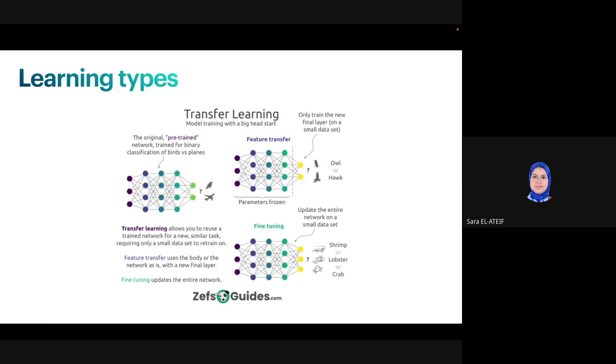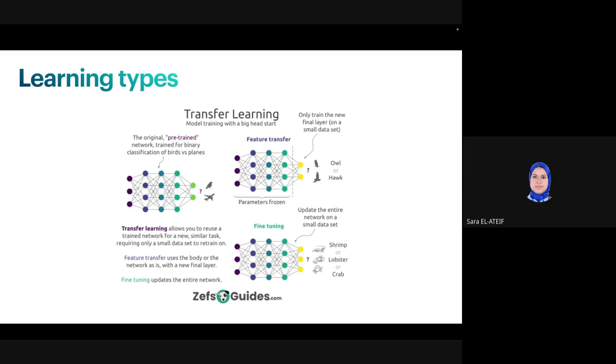Usually, let's say Google takes the 20,000 images and trains a model to differentiate between, for example, a hawk and another bird, or you can say between a cat and a dog. It can be anything. Then, right after Google finishes, it saves this model's parameters along with its weights.